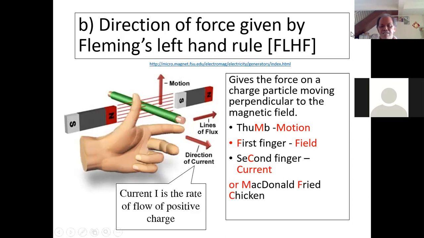Just like my student taught me to use McDonald's fried chicken: motion, field, current. Up to you. Or father, mother, children. Whichever can help you. And remember, current is the rate of flow of positive charge. That means the current is the direction of motion of positive charge. It's a mnemonic.